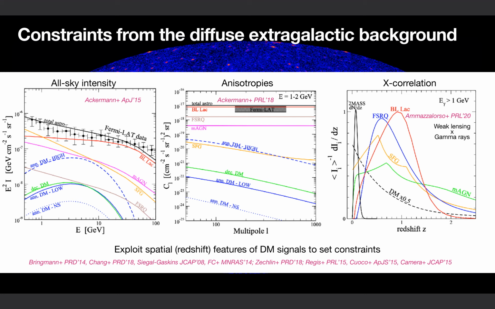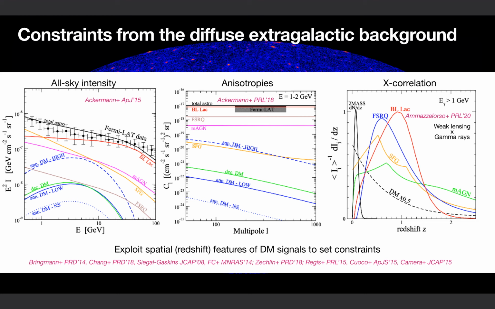But it has actually been shown that you can improve on the limits and the constraining power if you also exploit spatial and redshift features of your dark matter signal. In the middle panel, you see what you expect from the anisotropy measurements. The Fermi-LAT has measured the small-scale fluctuations in the photon counts at high latitudes, which are compatible with a Poissonian noise, this straight line where you see the Fermi-LAT band measurement.